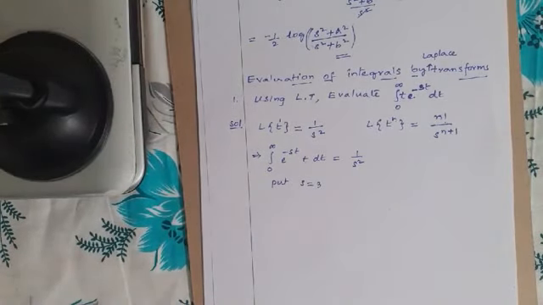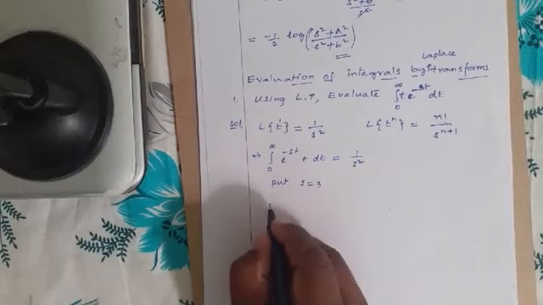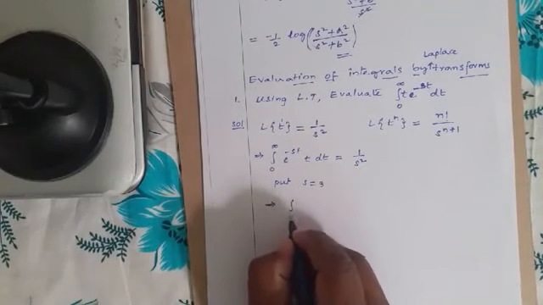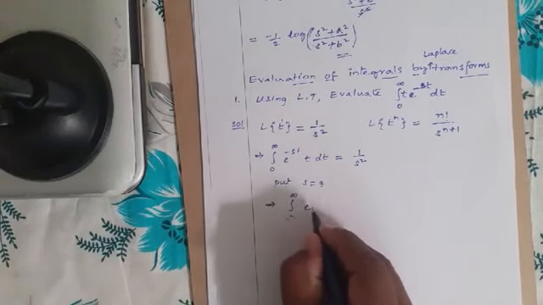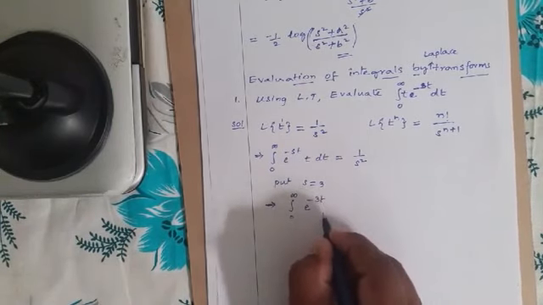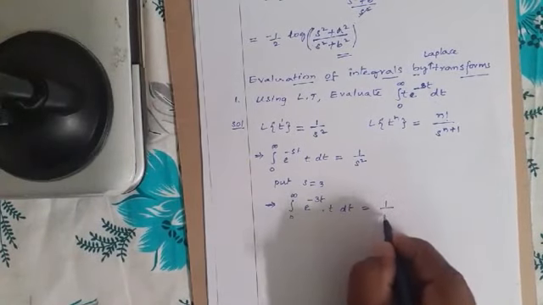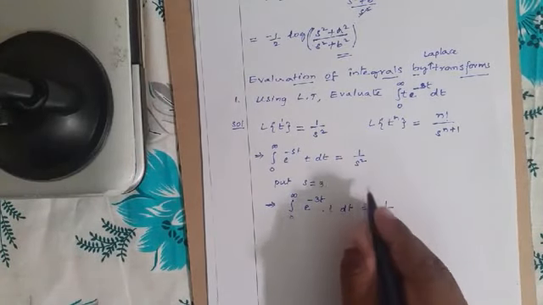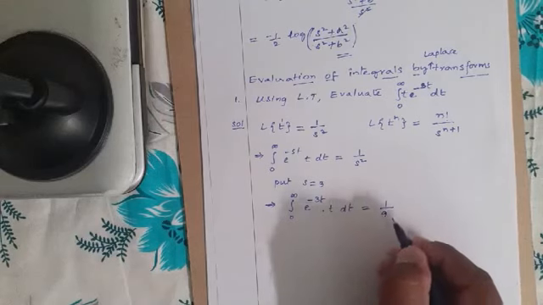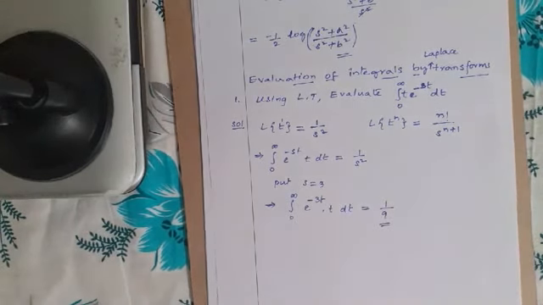When you put s is equal to 3 here, this implies integral 0 to infinity e power minus 3t into t dt is equal to 1 upon, in the place of s we are putting 3, so we get 9. So this will be the answer. Here it was asked for 2 marks in the previous papers, so this type of problem will be asked. If a problem is asked in this way, you have to do it in this way.